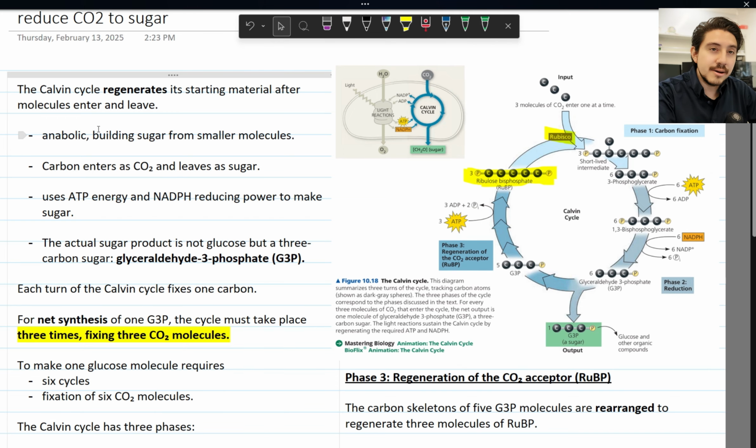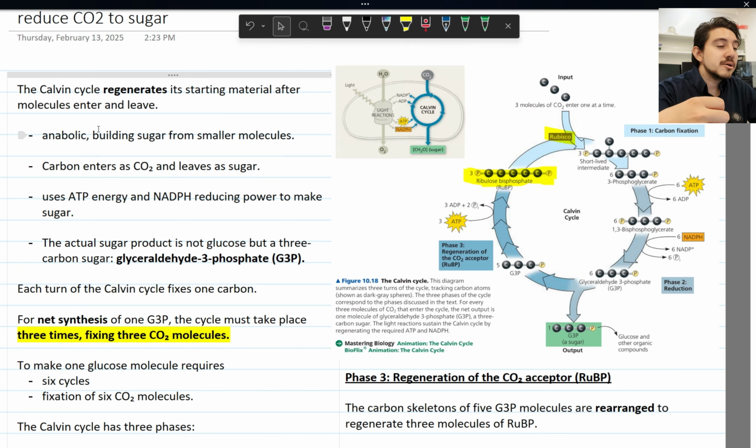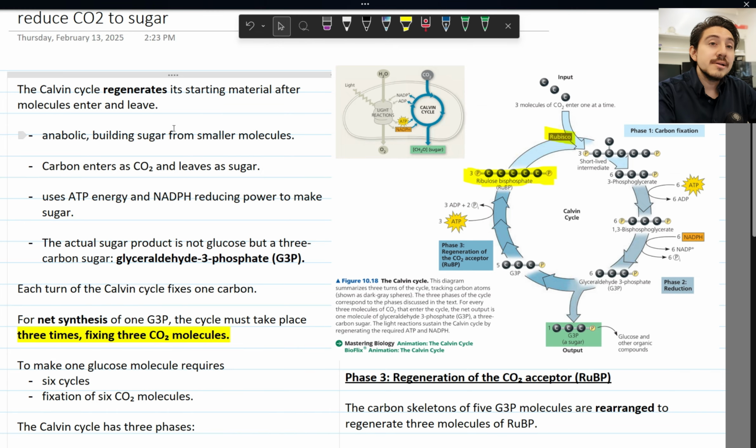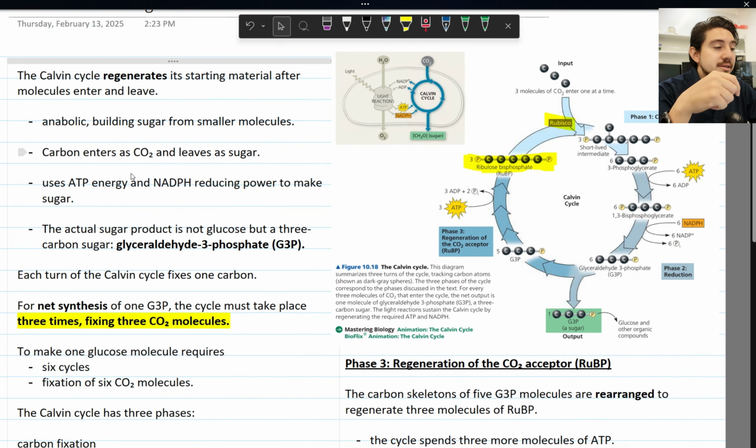From carbon dioxide, a very simple, stable molecule, you're building sugar, creating G3P, glyceraldehyde 3-phosphate. Then two molecules of these will produce sugar. So you build sugar from smaller molecules. Carbon enters via carbon dioxide and leaves as sugar. That's the key point of the Calvin cycle.